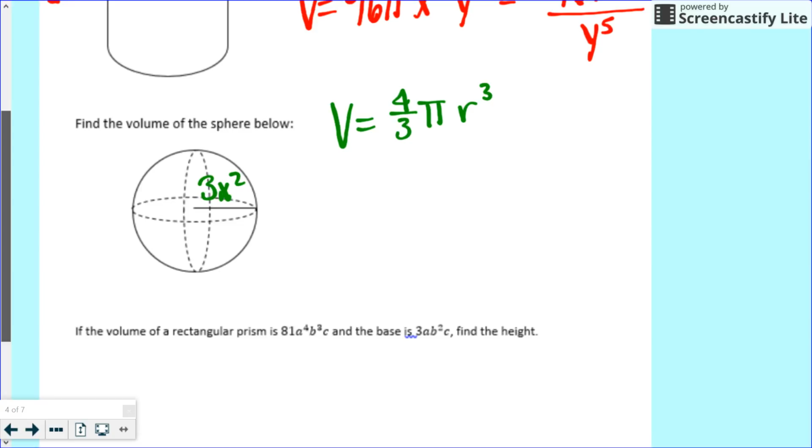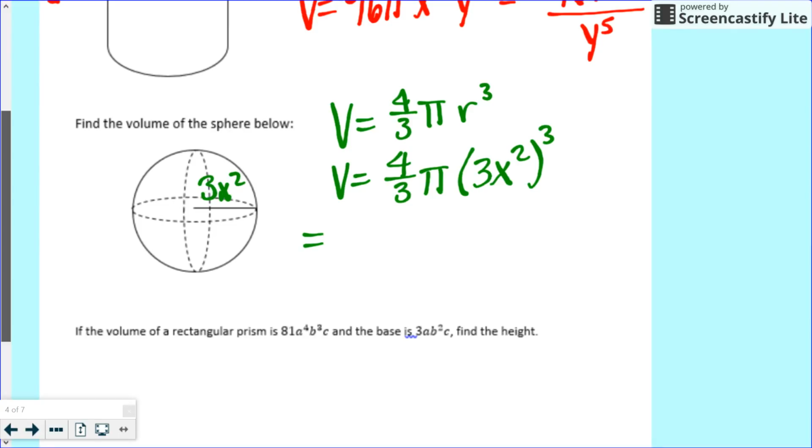So here we go. We are going to plug in 3x squared for our radius. I've got 4/3. I've got pi. My radius is 3x squared. And we are going to cube that guy. So the first thing that we need to do is raise that 3x squared to the 3rd power.